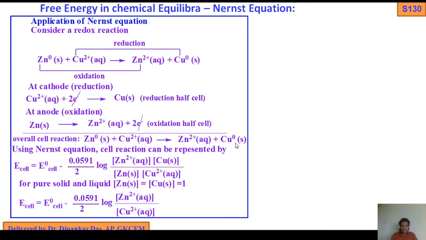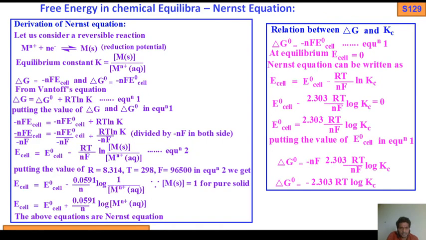Now using the Nernst equation, the cell reaction can be represented. How? In the video on the Nernst equation, K is the equilibrium constant, product molar concentration over reactant. In the last video lecture, I wrote ln by mistake.